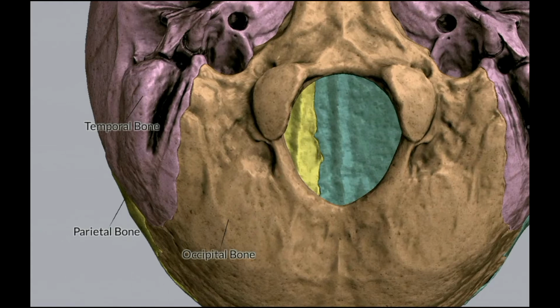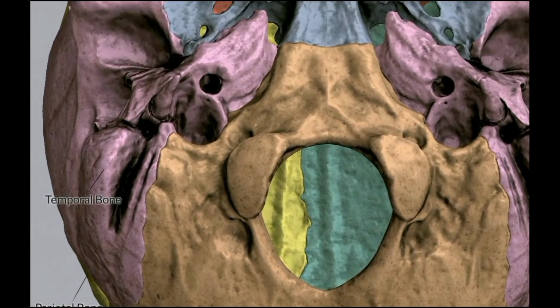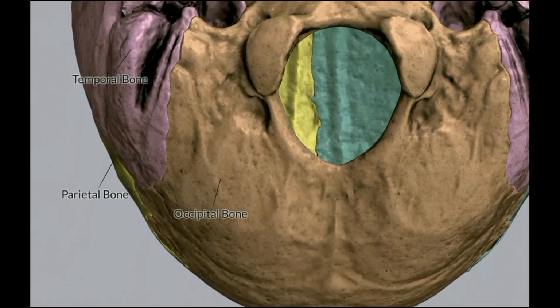That's why it is called the neurovascular part. The middle of the anterior margin of the foramen magnum is called the basion.